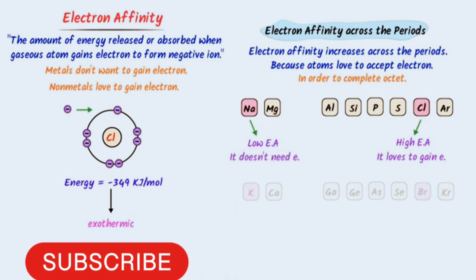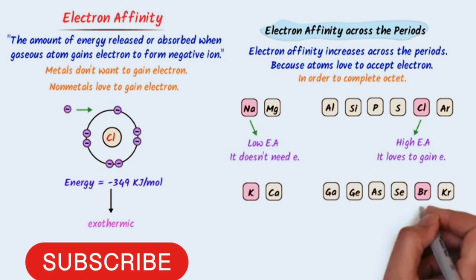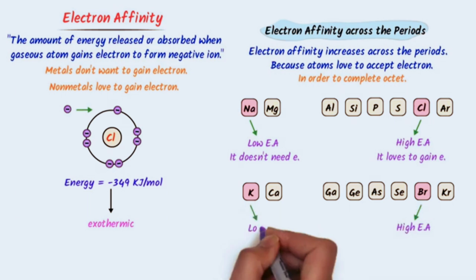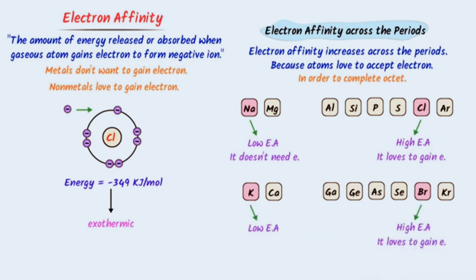On the other hand, in the fourth period, bromine has more electron affinity than potassium. It is because bromine loves to accept electrons, while potassium doesn't want to accept an electron. Therefore, we say that electron affinity increases from left to right across the period.